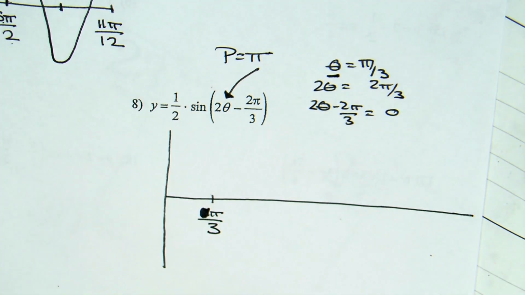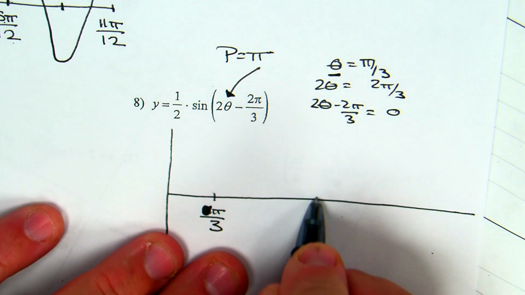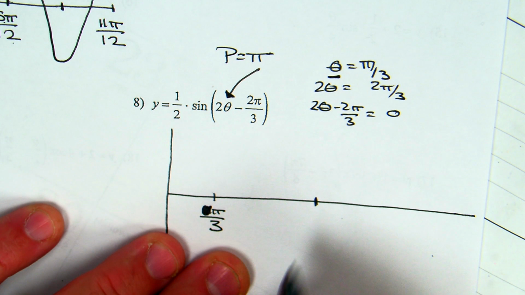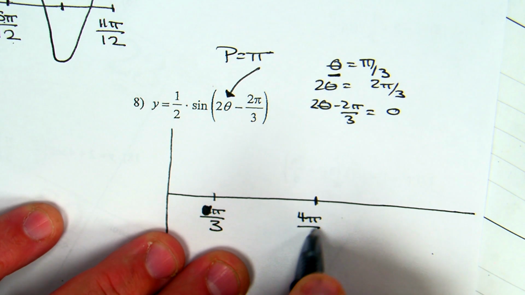You're right, so just pi over 3. I apologize. Thank you. So my period is pi. So I'm going to add 3 pi over 3 to that. That's going to give me 4 pi over 3.